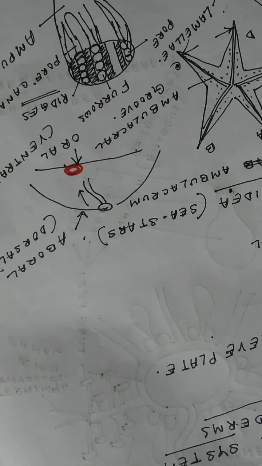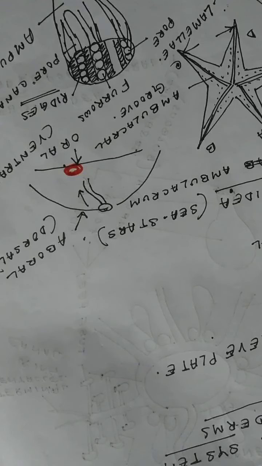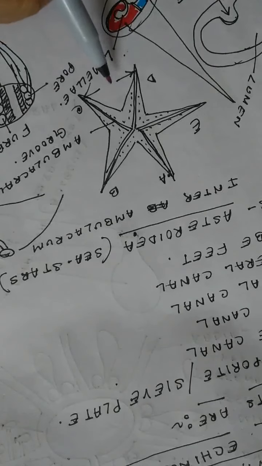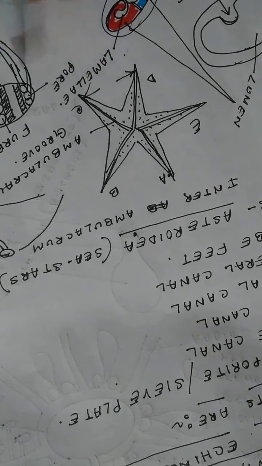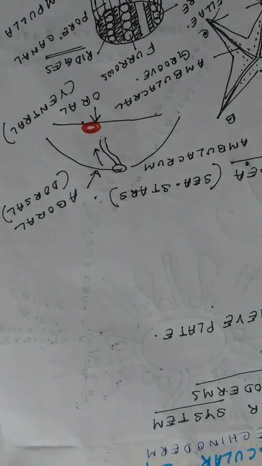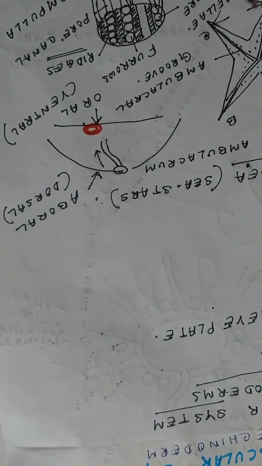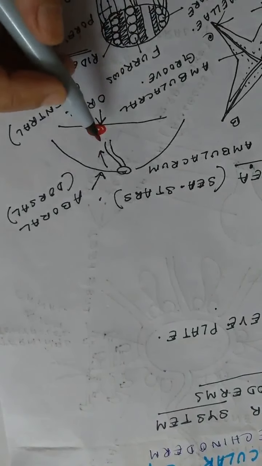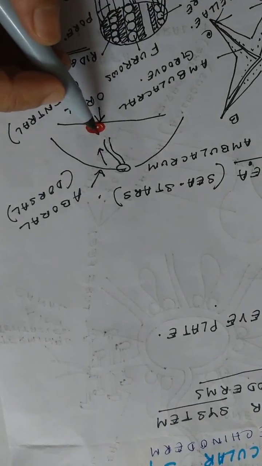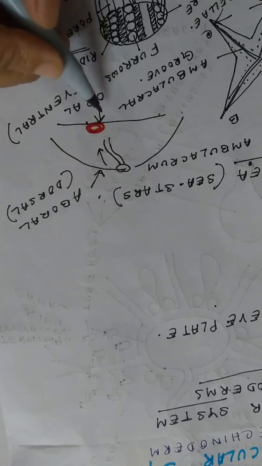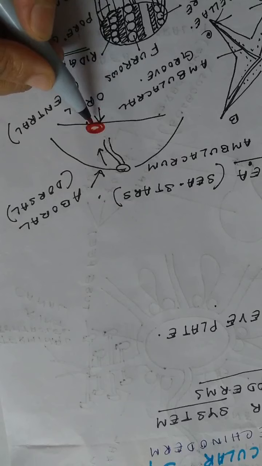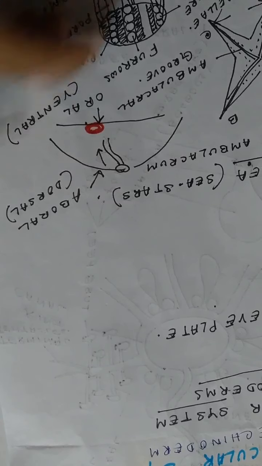So the components are the same, but hopefully you remember the aboral and the oral surface. In the Ophiuroidea, the madreporite is located orally, in the CD interambulacral space. So this madreporite is located orally, that is ventrally.